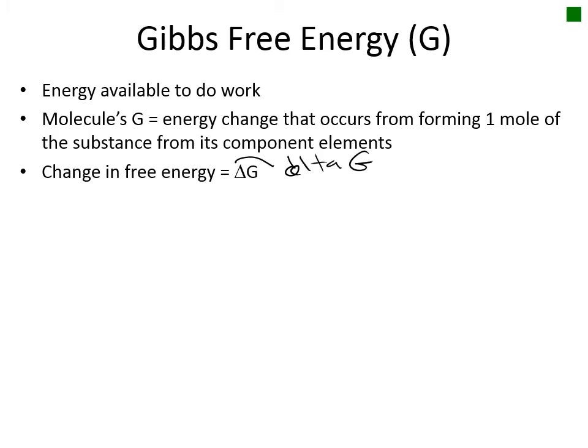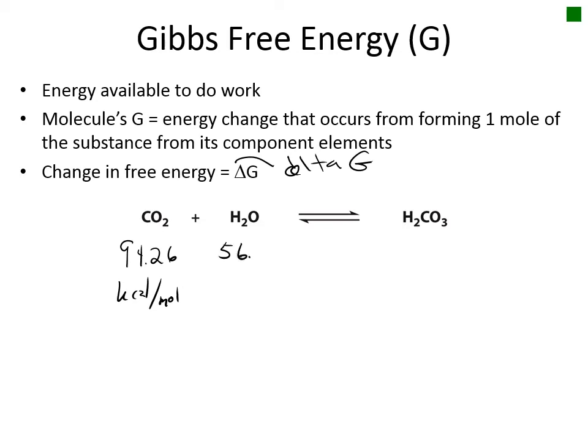Going back to the chemical reaction of carbon dioxide and water, generating carbonic acid, we can calculate the delta G for this reaction. Carbon dioxide has a free energy value of 94.26 kilocalories per mole, and water has a delta G value of 56.68 kilocalories per mole.